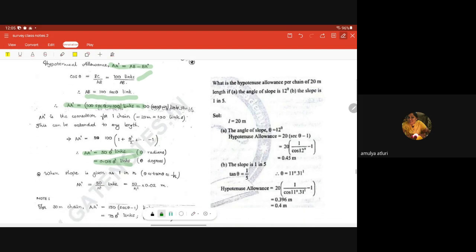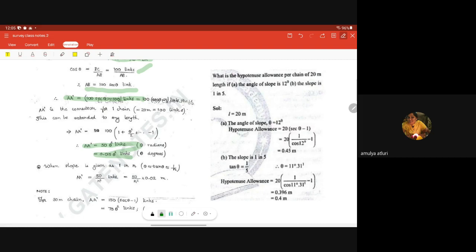And when the slope is given as 1 by n, not like theta, theta is generally considered as tan theta, which is 1 by n, opposite side by adjacent side. So AA dash is equal to 50 by n square links. So 50 by n square into the measured length will give you the hypotenuse allowance when we measure with a 20 meter metric chain.